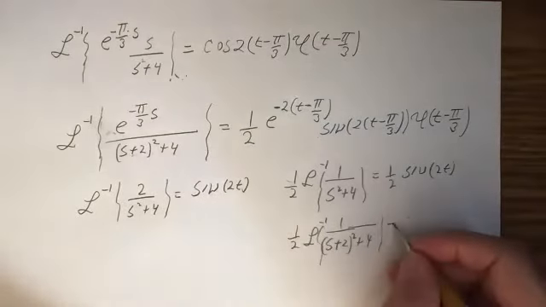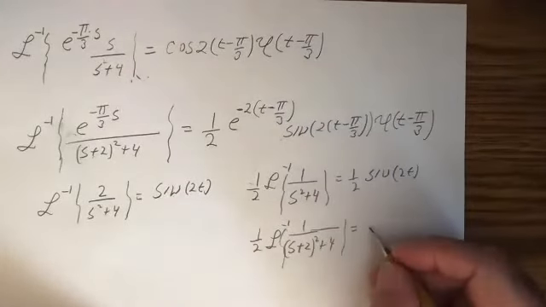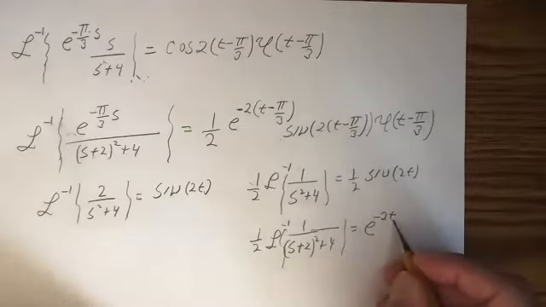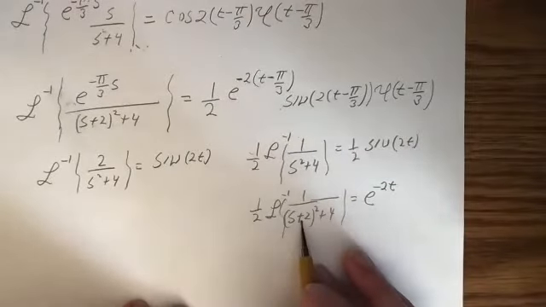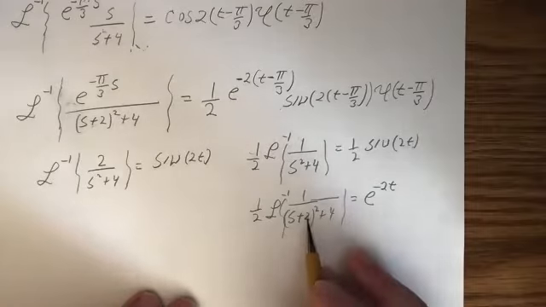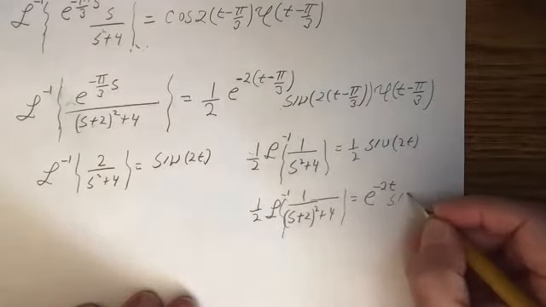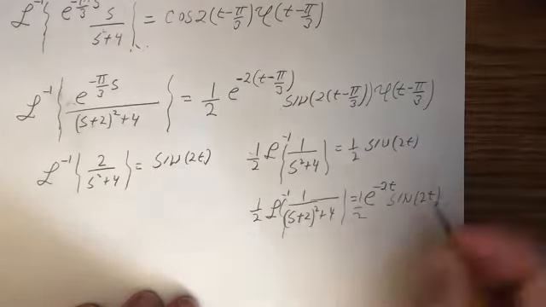So when I have this, it's going to give me an e to the minus 2t, right? You follow me? Remember from the s-translation theorem that we did yesterday, right? So that's giving me this times the sine. I got to put in one here, times the sine, right?